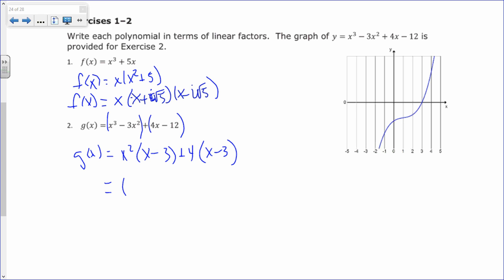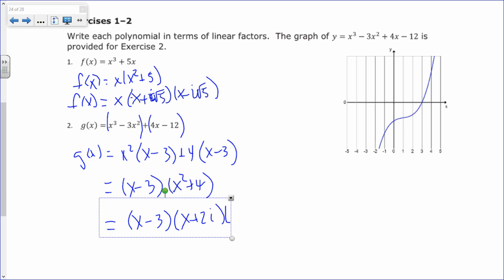So we have x minus 3 times x squared plus 4. So it's x minus 3, x plus 2i and x minus 2i. Then we can use the graph over here to verify that x equals 3 is a root, therefore x minus 3 has to be a factor.